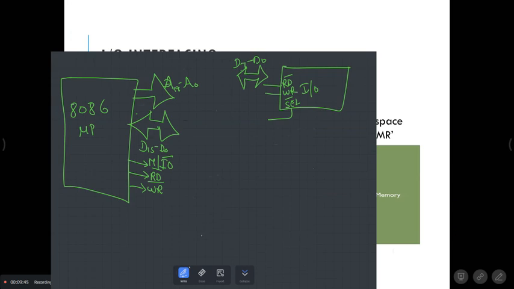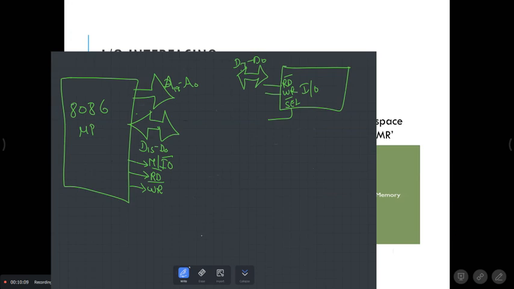What is the first step the microprocessor does? The microprocessor first identifies this IO device. How does it identify this particular device? Using address lines. You have something called an address decoder here in between.